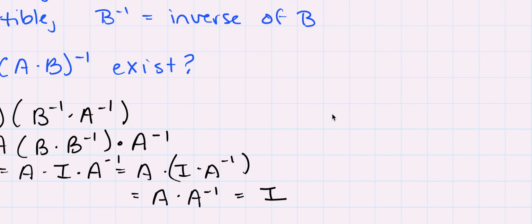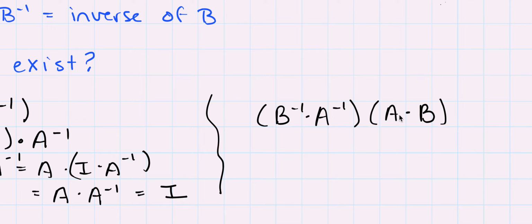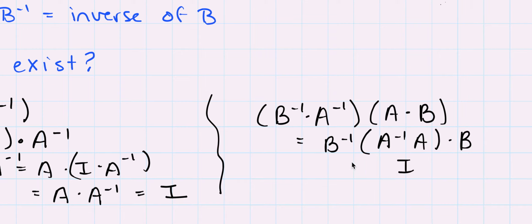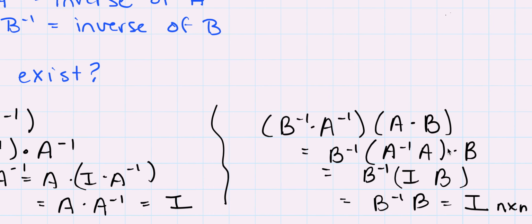Well, let's check to see what we get when we take B inverse times A inverse and multiply it with A times B. Again, we can move the parentheses. This becomes the identity. You can put parentheses around this one and get B, and you're left with the identity, which is n by n, because all of these matrices are n by n.